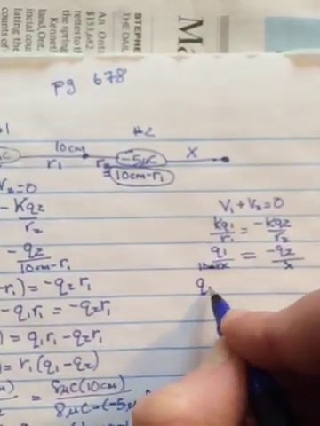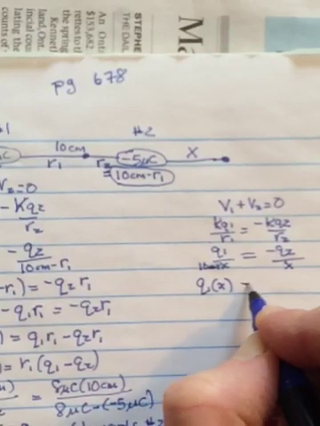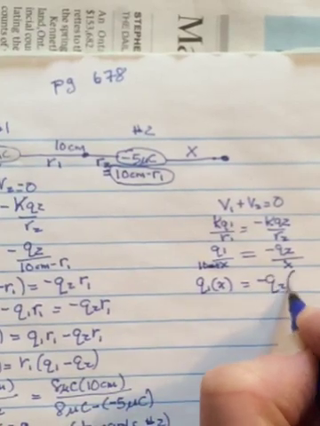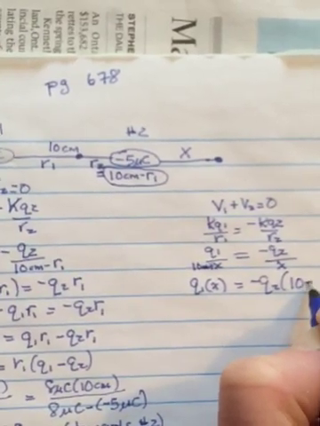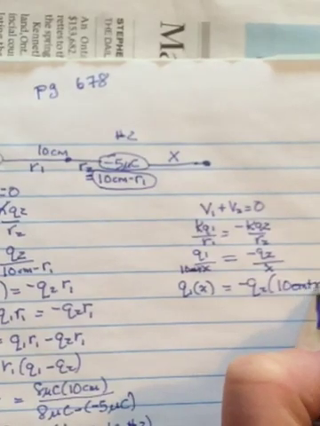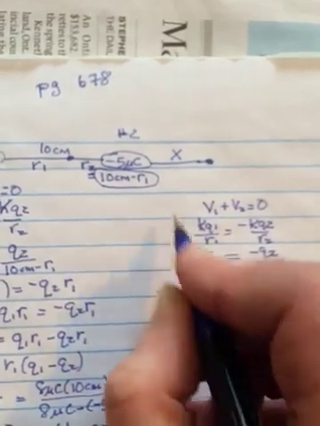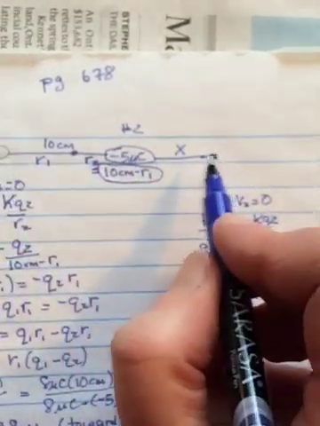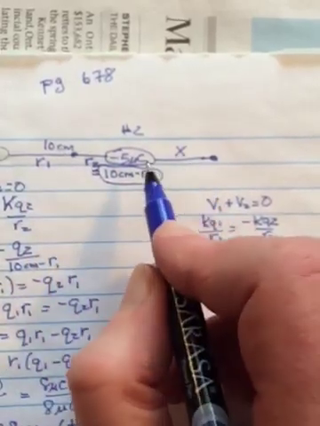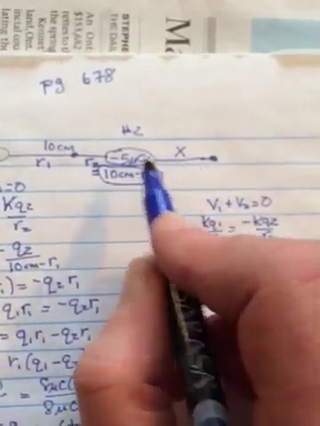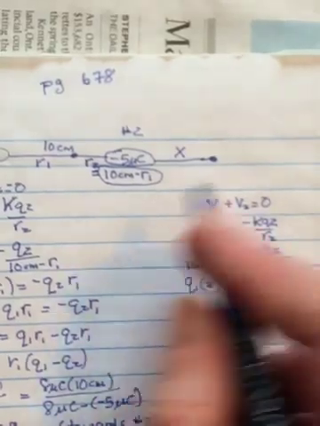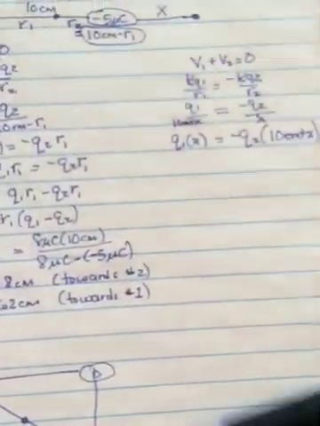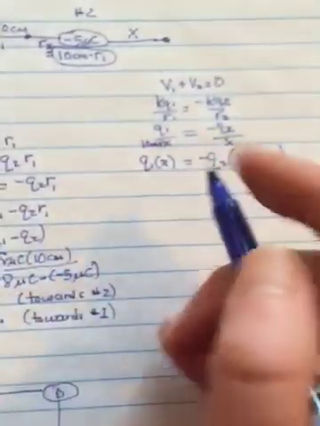Cross multiply, Q1 times x is equal to negative Q2 times 10 centimeters plus x. And maybe just to go back to where I did the oops, the R1 is bigger. It has to be the 10 centimeters plus x. It's closer to the R2. If you screw it up the way I almost did, you'll end up getting a negative answer. And that negative answer is trying to tell you you put it on the wrong side.